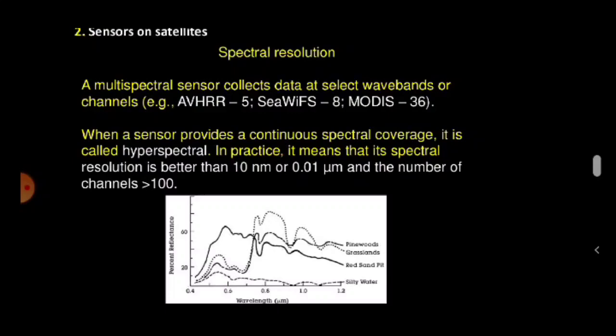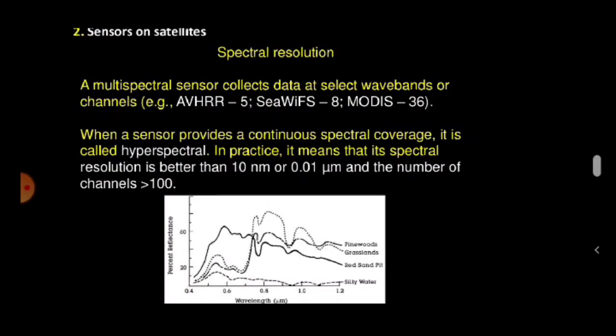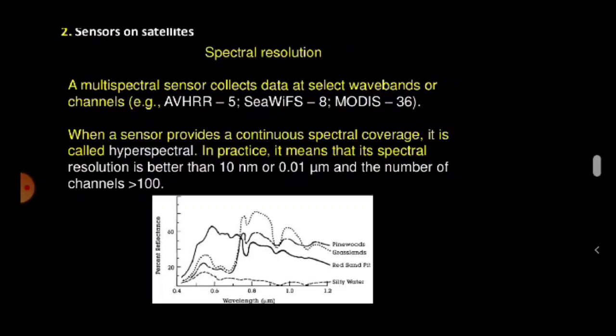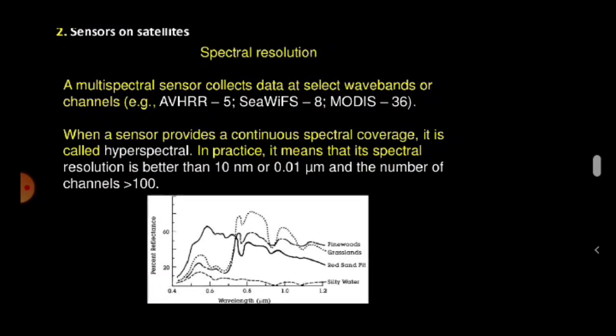Many remote sensing systems record energy over several separate wavelengths at various spectral resolutions, and these are multispectral sensors. Also, the spectral resolution of a sensor refers to the number and locations of spectral bands.